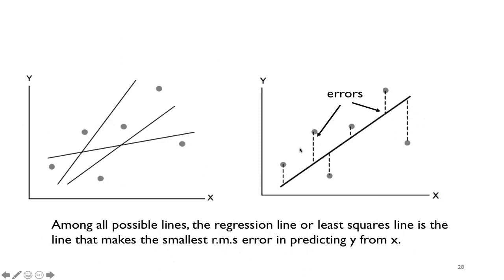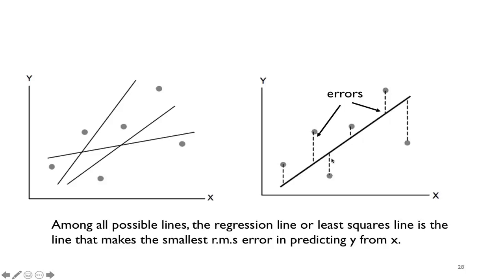Suppose I have my scatter diagram, and I draw a line, just any line for now. I can measure the distance between all the points and the line. For example, this vertical distance, if this point is further away from this line. These are the errors, because the line is an attempt to describe the data, and because the data is off the line, the vertical distance between the point and the line is the error.